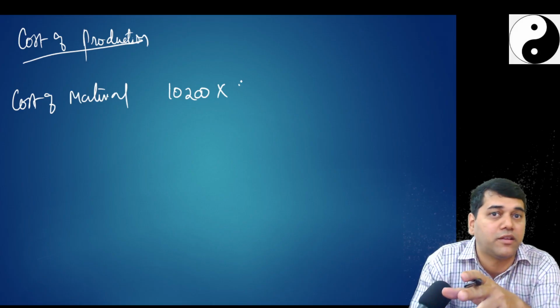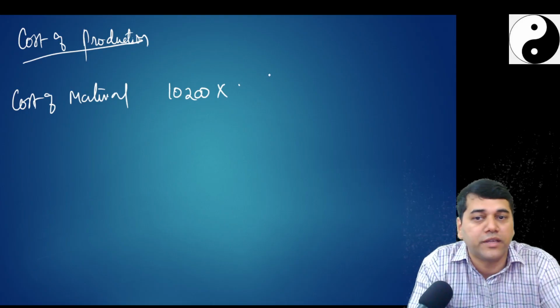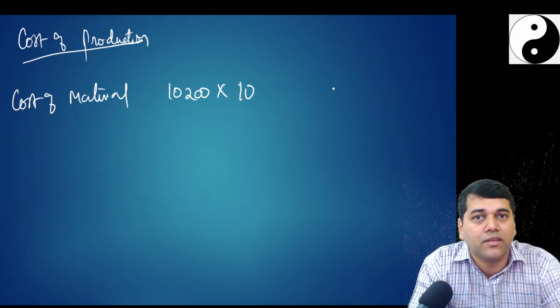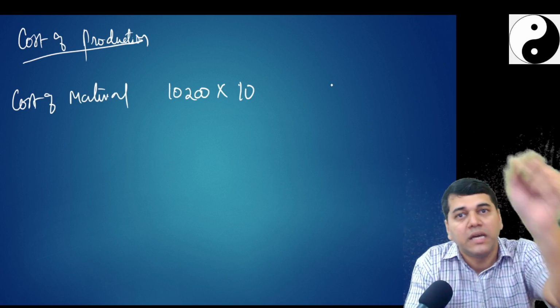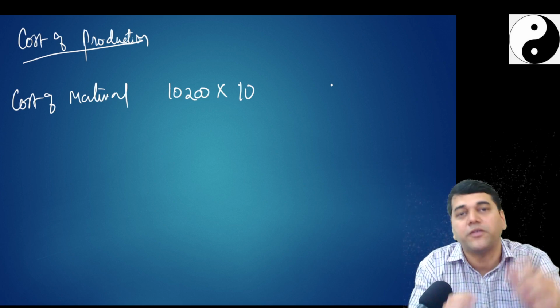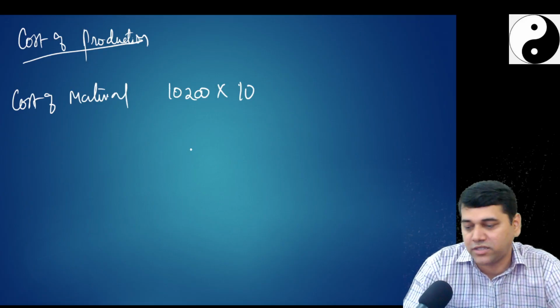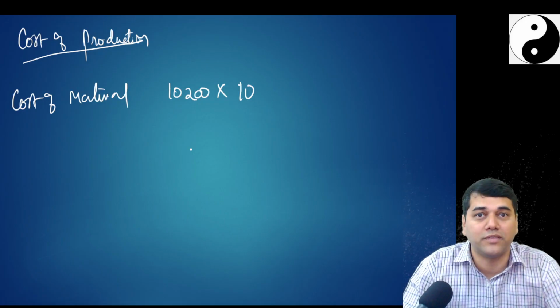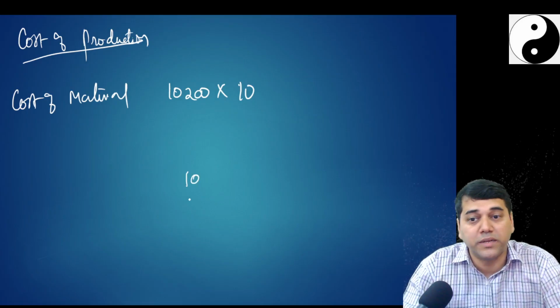Whatever is there doesn't make any difference; the numbers are very nice. Opening inventory value plus purchase value is also the same, so it is rupees 10. If it was different, then you would have issued the opening stock plus from the new purchases. Suppose, for example, the purchase cost was 1,10,000 rupees. That means opening stock price is 10 rupees, new purchase is happening at 11.